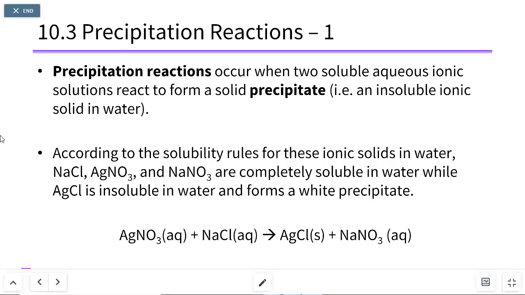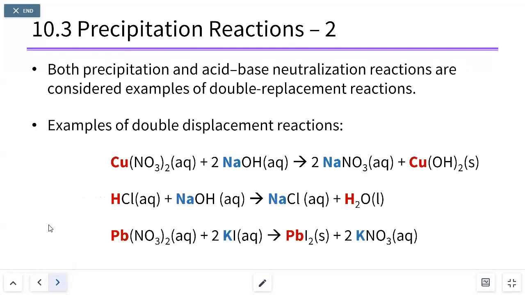So a close cousin of the precipitation reaction is the neutralization reaction. The neutralization reaction involves the reaction of an acid and a base to create an ionic compound and water. Now, what do they have in common with the precipitation reactions? They're all double replacement.